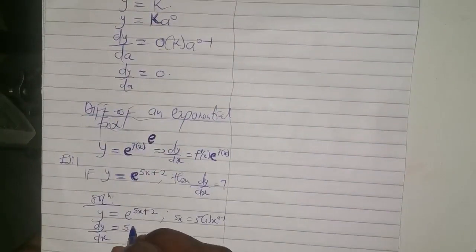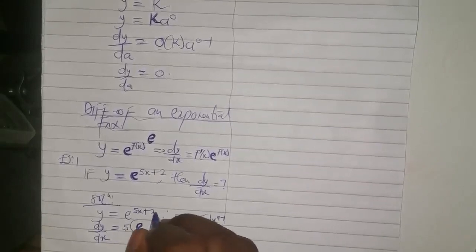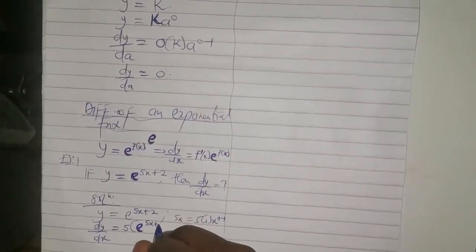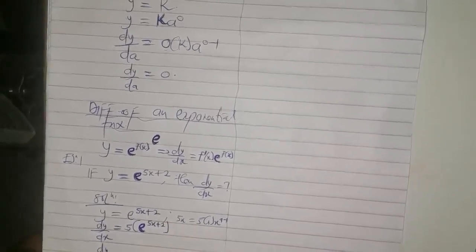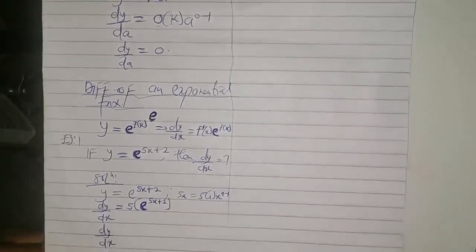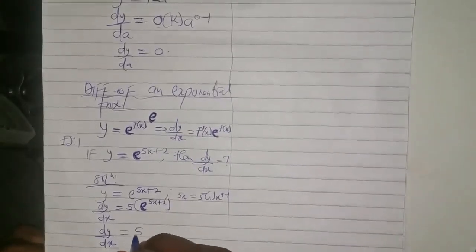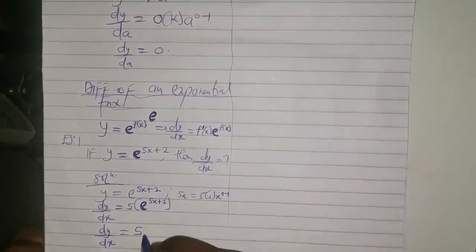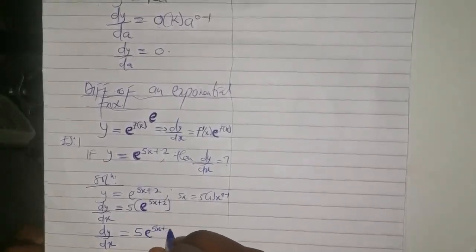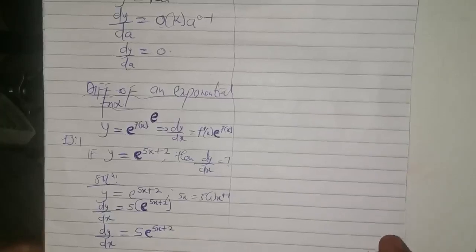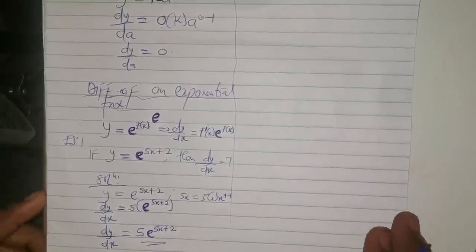So we'll be having 5 multiplied by the e, then you repeat the function that was given, so it becomes 5x plus 2. Therefore your dy over dx is equal to 5 e to the 5x plus 2. I'm using e for the purpose of understanding because that's the name, right? Then you'll be getting this as your final answer.